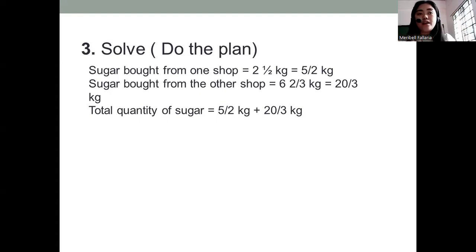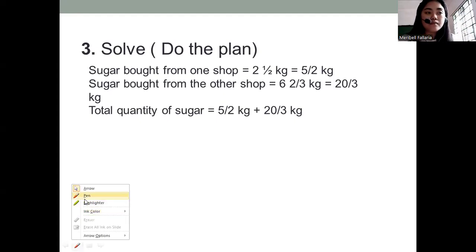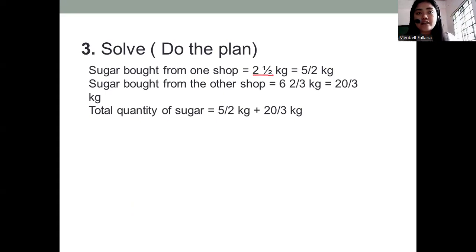We convert it, because this is an example of a mixed number, right? And then we're going to convert it to an improper fraction. An improper fraction has the numerator bigger than the denominator, as you can see here.